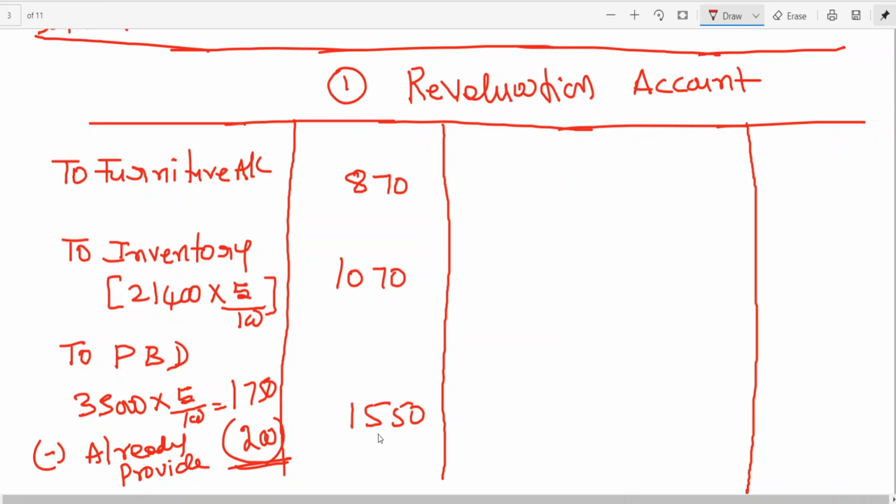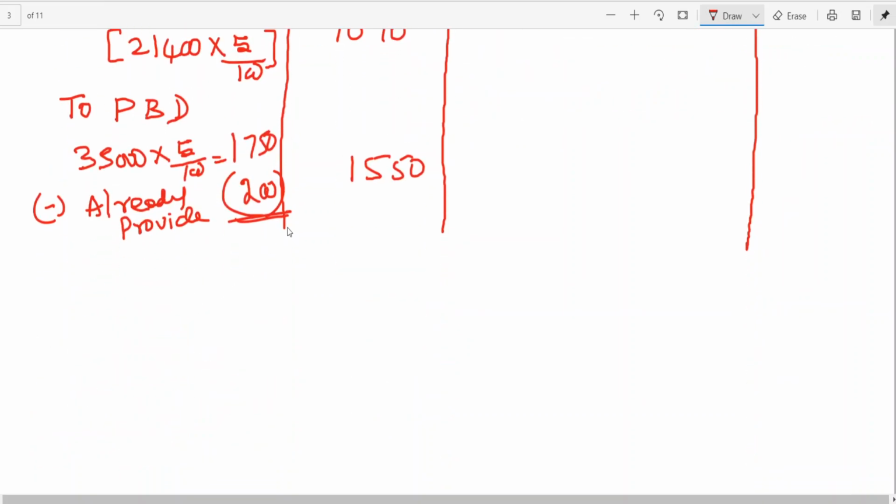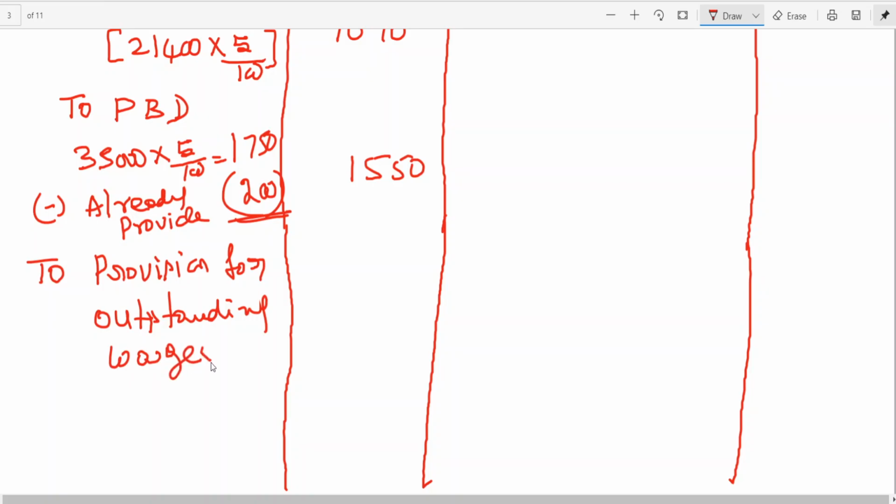A provision would also be made for outstanding wages. To provision for outstanding wages. What is provision for outstanding wages? 1560.